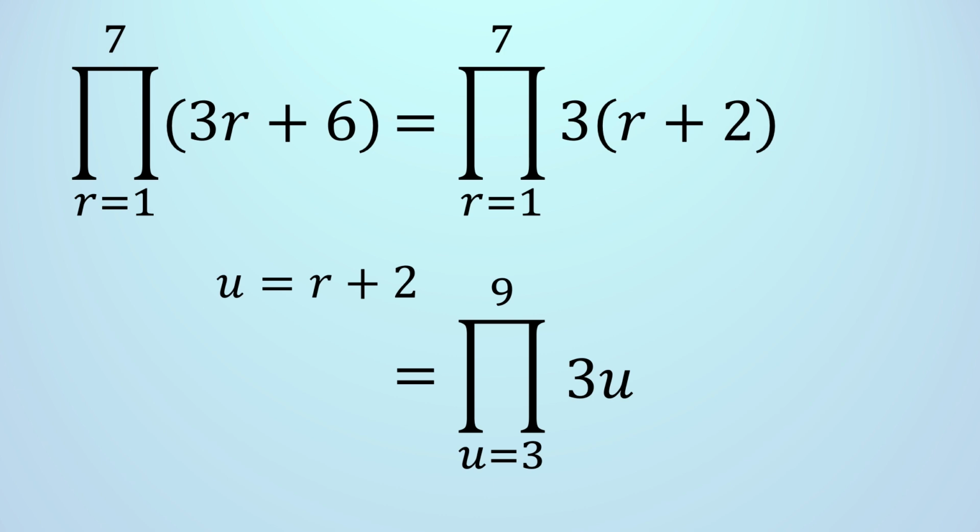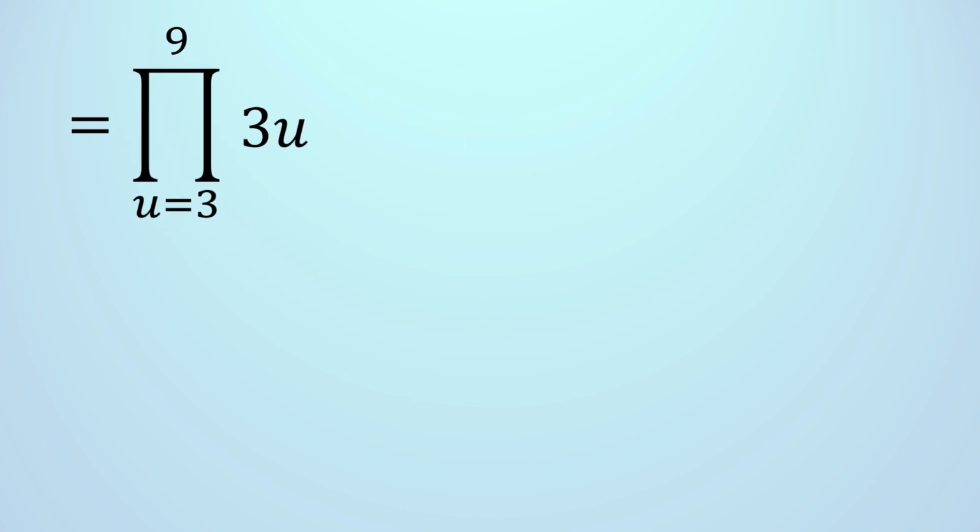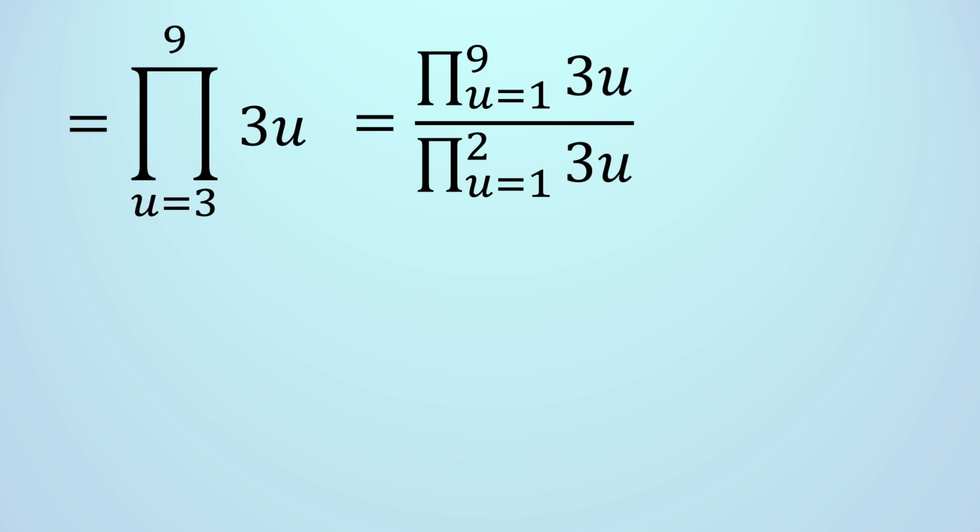That's wonderful news, because we know how to calculate those products now, so let's go ahead and do it. It's just going to be the product from the first term to the ninth term of 3u divided by the product from the first term to the second term of 3u, because that will eliminate those extra terms we don't want when doing that product on the top of the fraction.